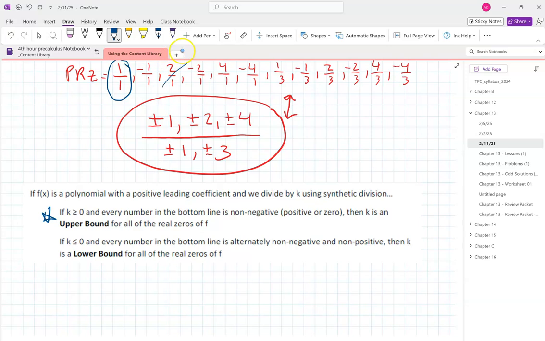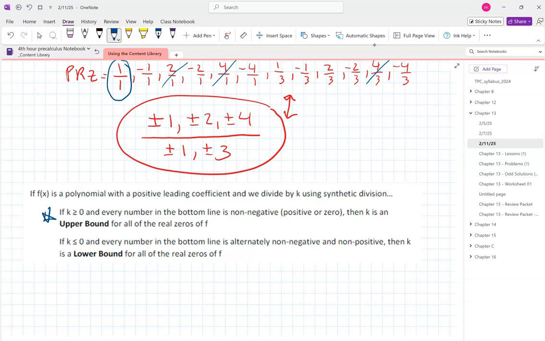So I could eliminate 2 and 4 and 4/3 without actually having to check them. Because if 1 is bigger than all the zeros, anything bigger than 1 I can throw out also. So it allowed me to get rid of more than 1 at a time. Now, did that always happen? No.